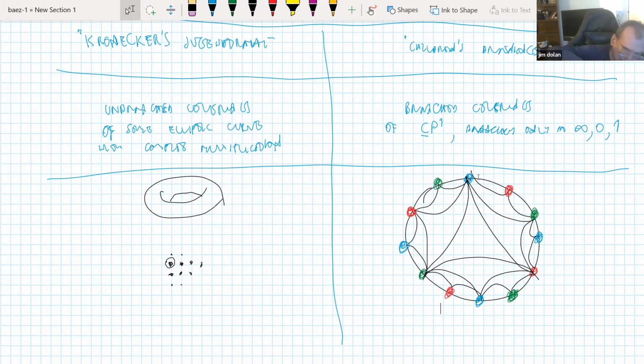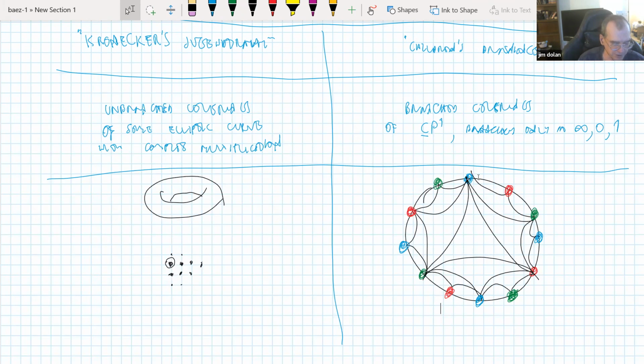That group has some symmetries, and the action of the absolute Galois group is going to manifest as some symmetries of this picture, or of the universal profinite completion version of this picture.